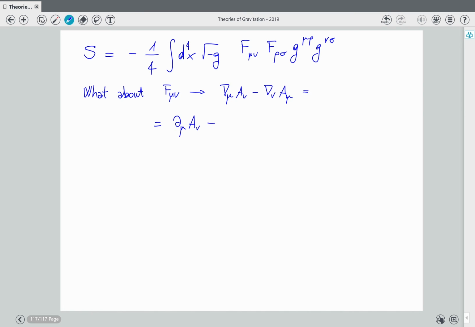And then we have a lower index, so that is, yes, let me write it like that, so that's easier to connect to what we did before.